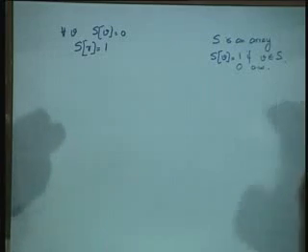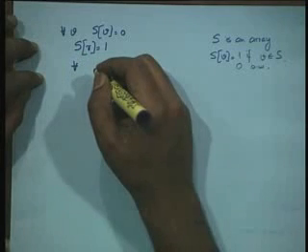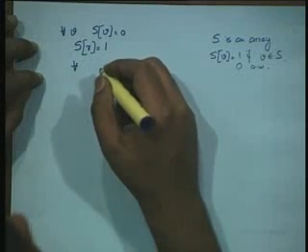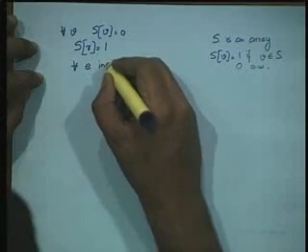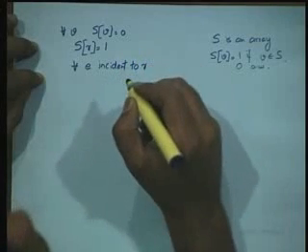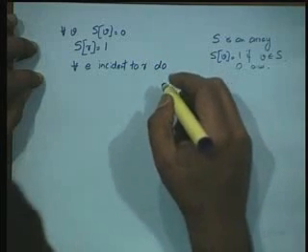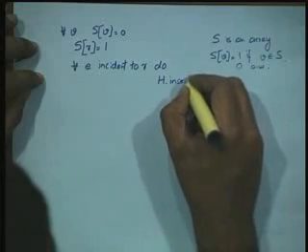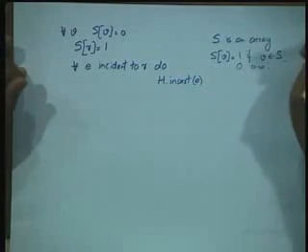So what should I do? For all E incident to R, do h, that's my heap, dot insert e, some such thing, right?